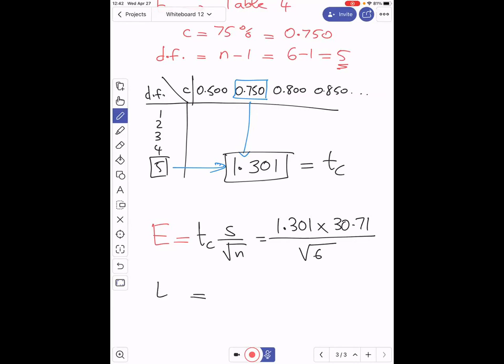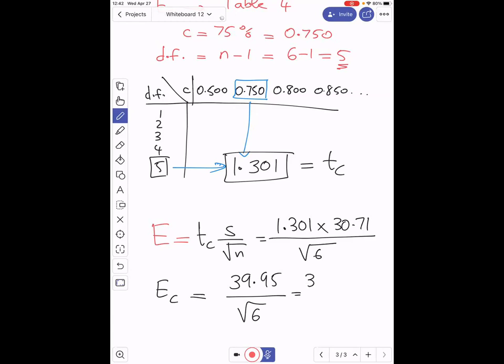All right, so let's compute this. On the top, it's 1.301 times 30.71, and that will be 39.95, etc., over square root of 6.